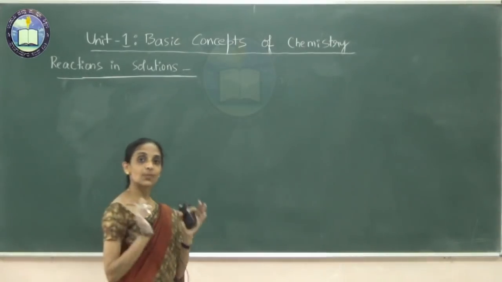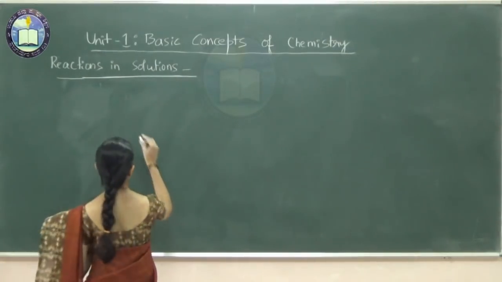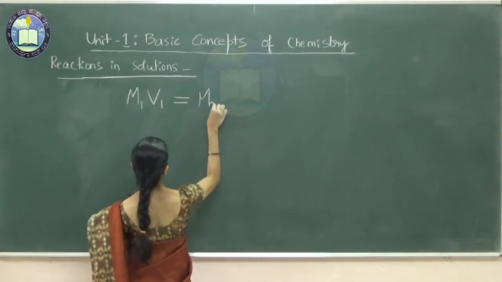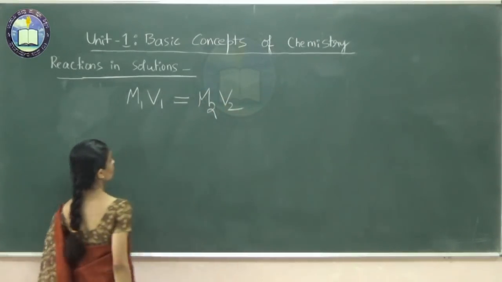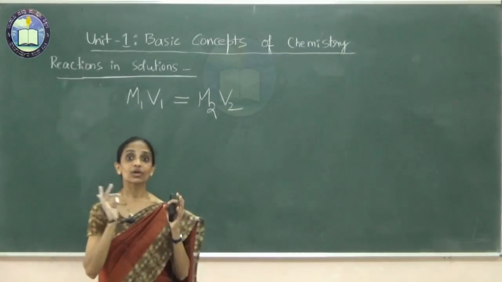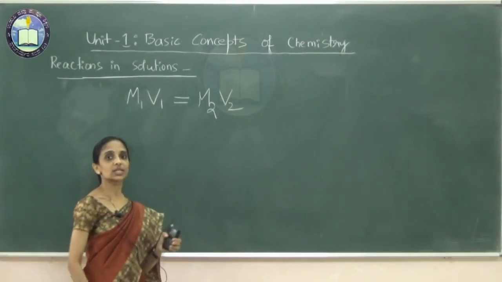For this purpose, we make use of a well-known formula, M1V1 is equal to M2V2. Here, the M terms are molarity terms. And of course, V1 and V2 are the volumes.